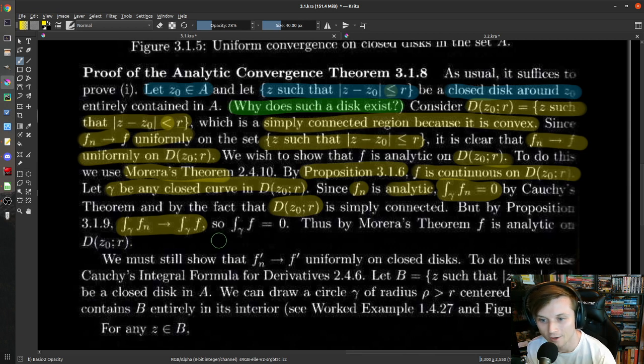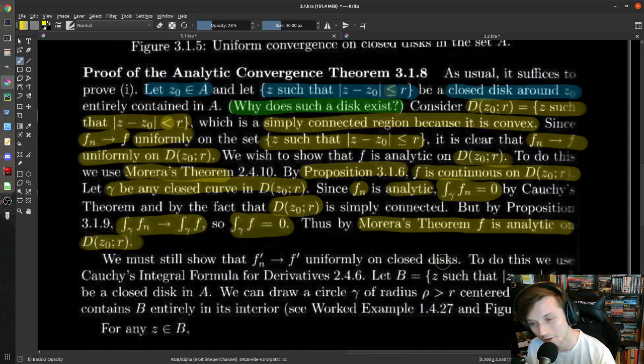Okay, fair enough. And since these are all 0, the thing it has to converge to is 0. Does that make sense? If you have a sequence of zeros and it converges, it converges to 0. Yeah, good. So by Morera's theorem, F is analytic on that disk. How about that? It's analytic on the disk right there.